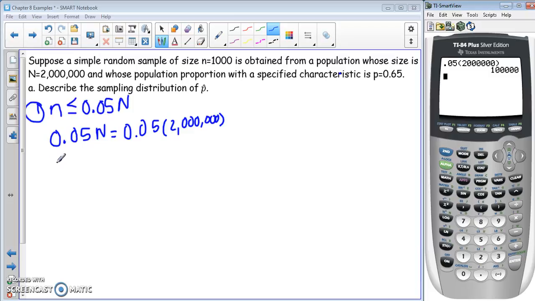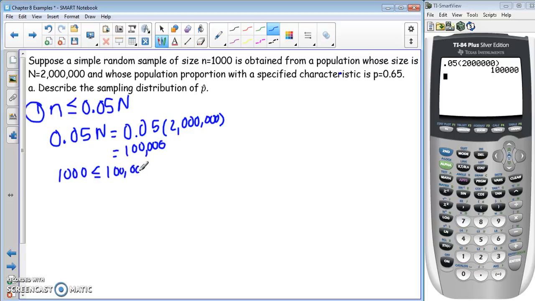So that is 100,000. So 1,000 is less than or equal to 100,000.